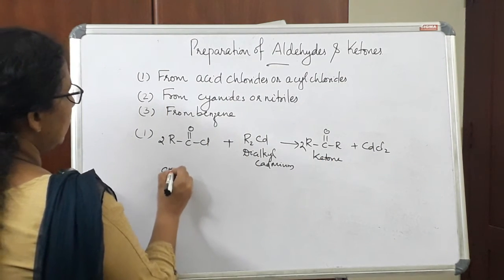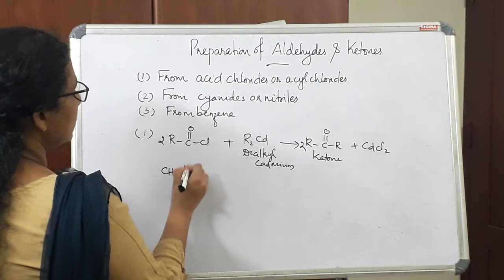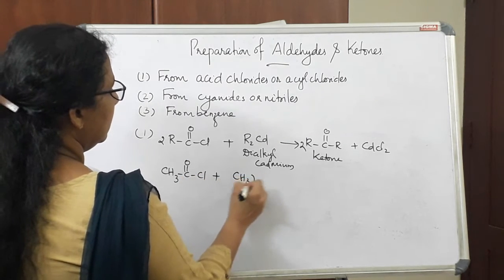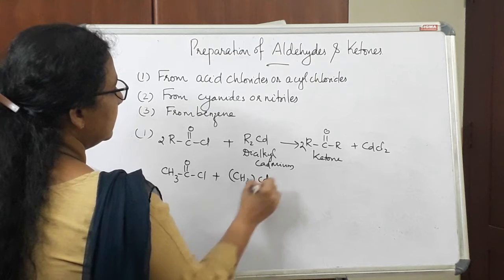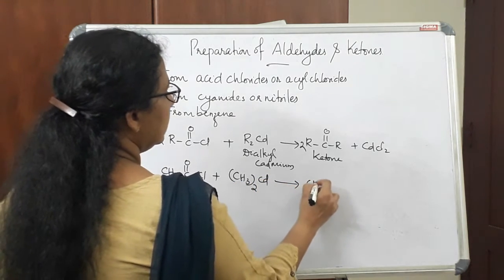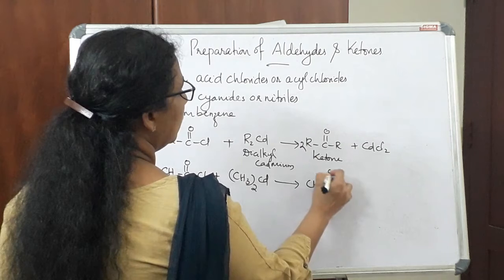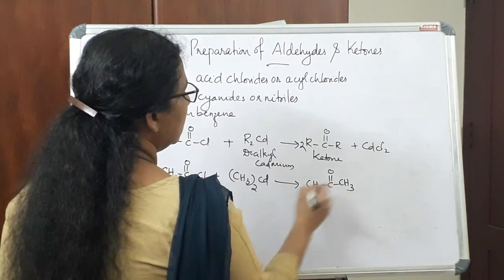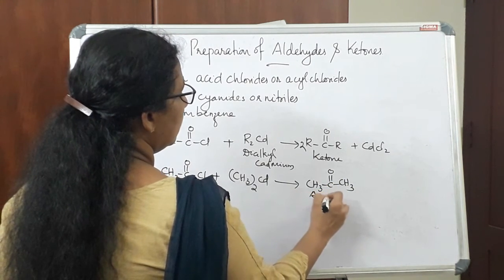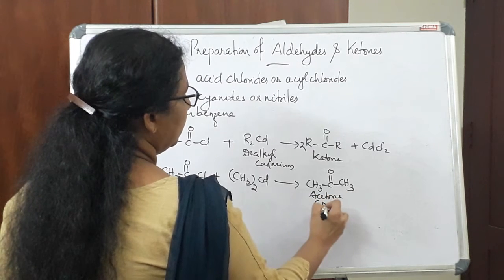So we will write one example, CH3COCl plus (CH3)2Cd. This is dimethyl cadmium. Here we will get CH3COCH3. This is called acetone or propanone.